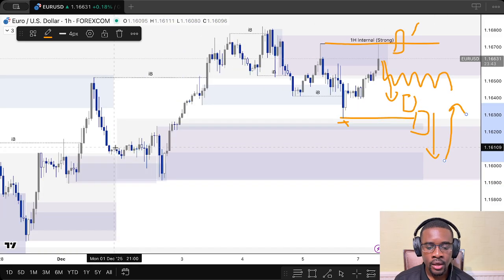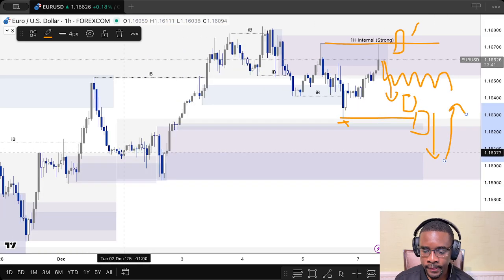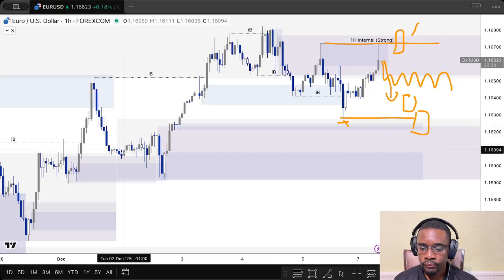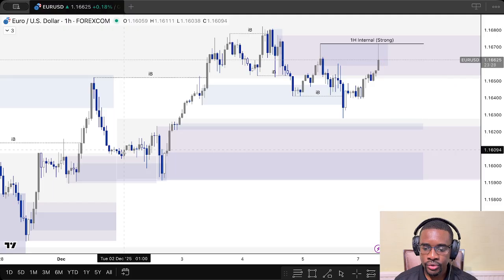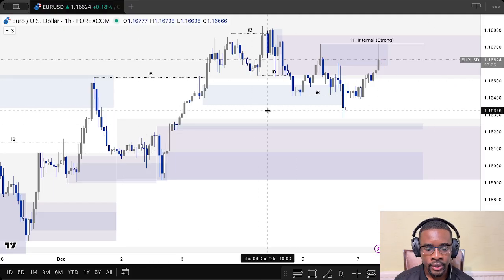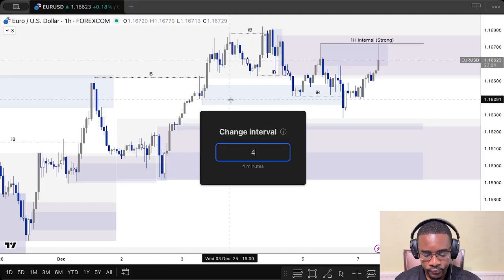Because remember, our medium time frame is the 4 hour, and it is still bullish. It hasn't switched bearish. We only had a choke, so it is still bullish. So bias technically is still bullish, based on our medium time frame.